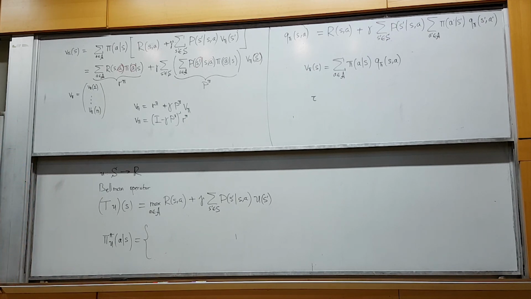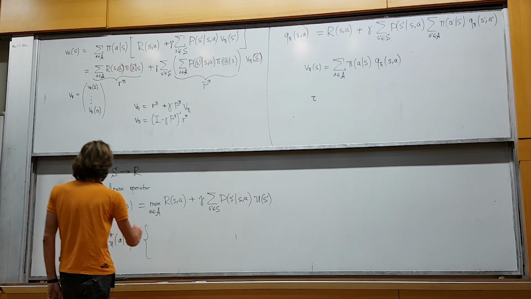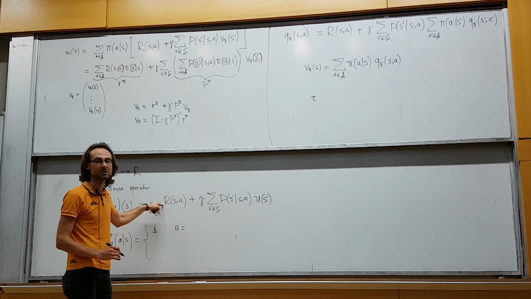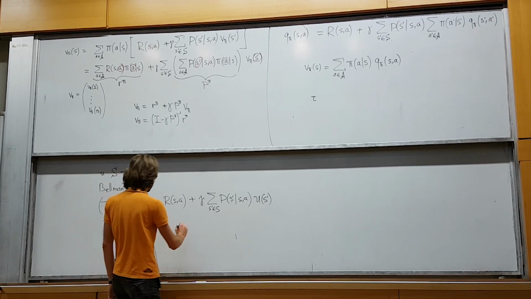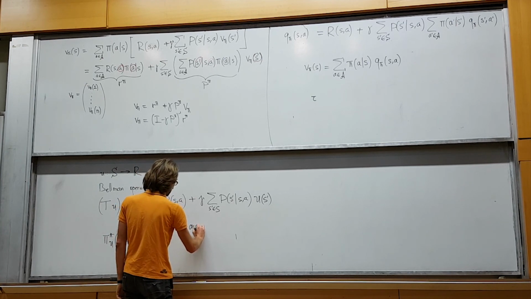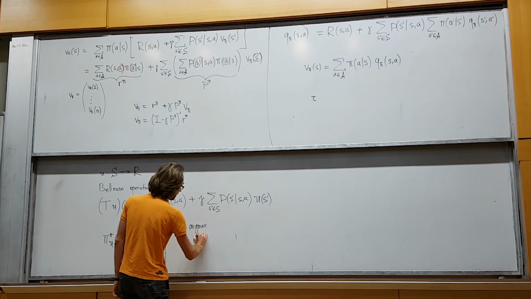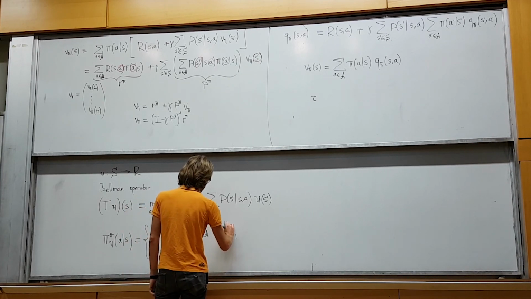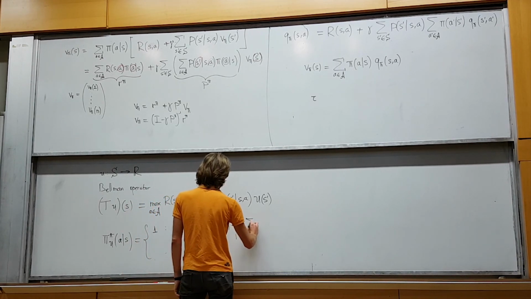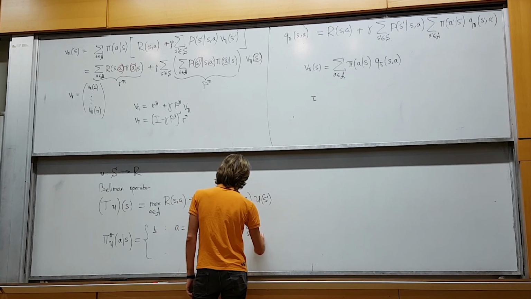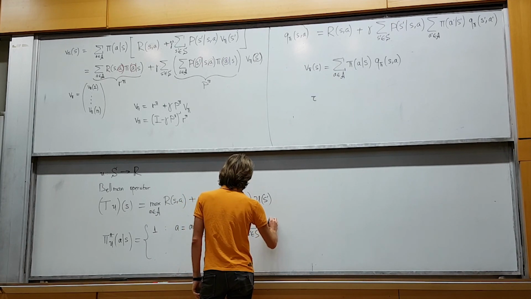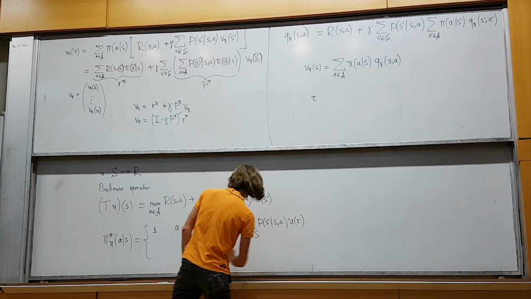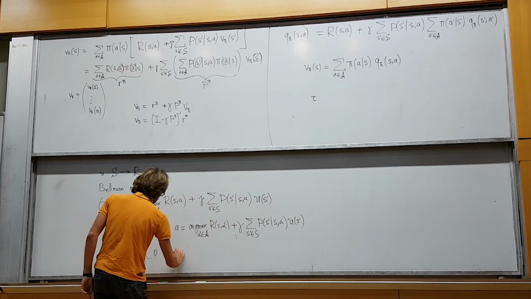So it will be 1 if A is exactly the maximizer of this expression. So if A is the argmax over alpha from A of R(s, alpha) plus gamma times the sum over S prime of P(s prime given s, a) times U(s prime), and 0 otherwise.